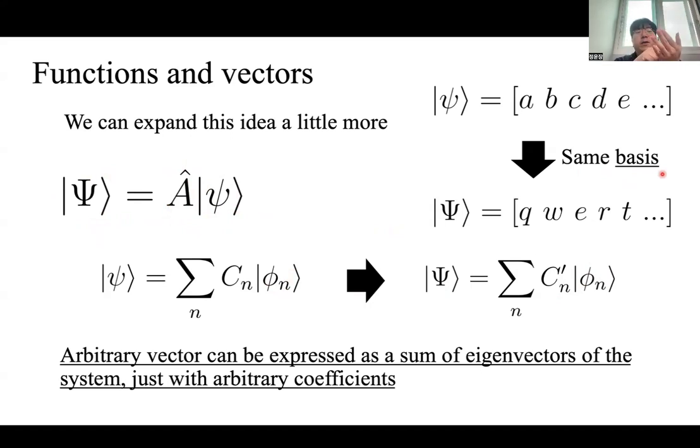If I have 3D space, my bases are the XYZ axes. Here, my bases are the eigenvectors. So I'm using the same basis, I'm just modifying the coefficients here. Again, we're going to use this principle to make calculations easier when we walk through perturbation theory, okay?